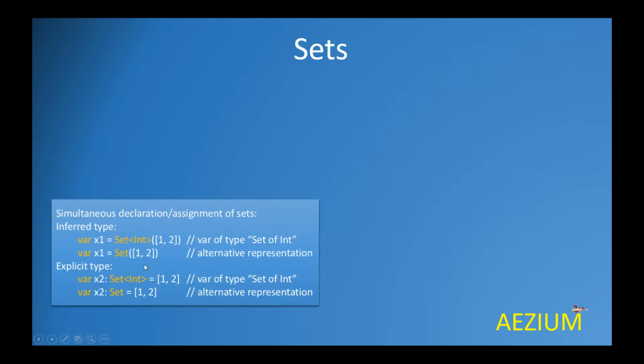Using inference is shown in these two examples. This is again similar to the case of arrays. We're just using the keyword set instead of array here. And within the brackets, the initialization values that we are going to be using will again be entered as array literals.